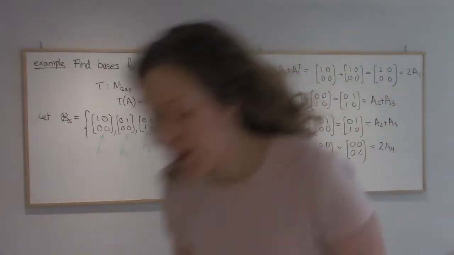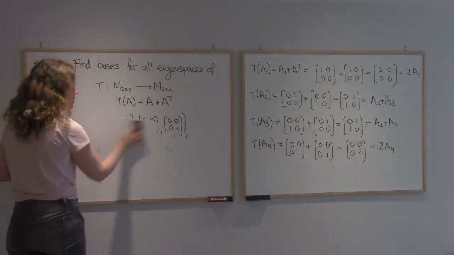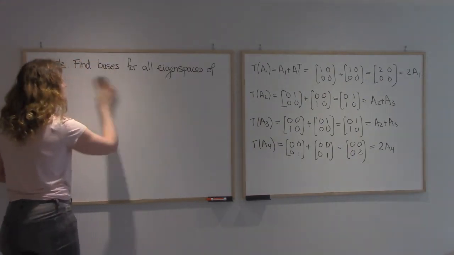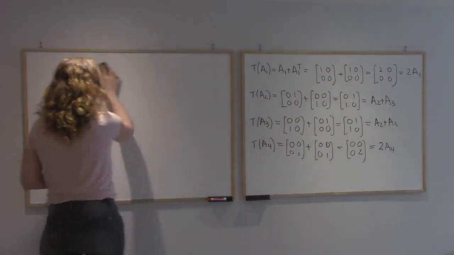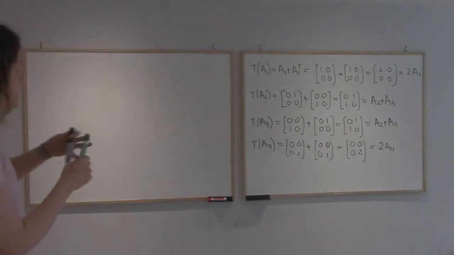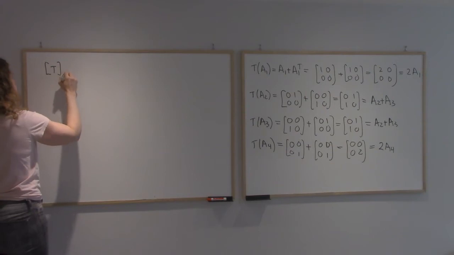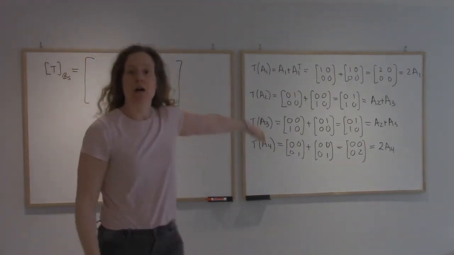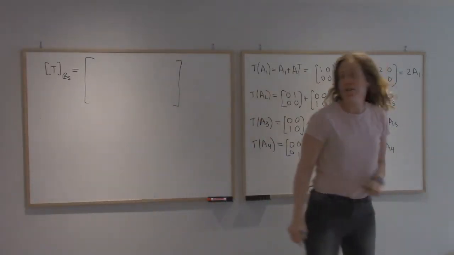And so I'm ready to write the matrix of T with this basis. So T, B, S. Each of these computations will give me one column. For the first column, I have to look here. It's twice A1.